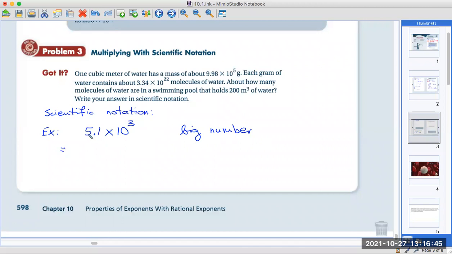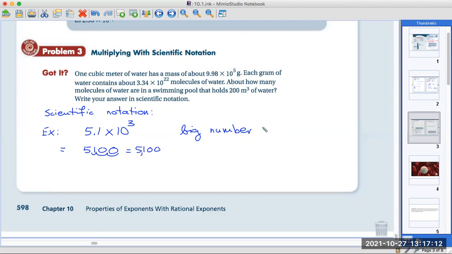I'll show you. So the 5.1 times 10 to the power of 3, the 3 tells you how much to move your decimal to the right. So you have 5, 1, and then 2 zeros. You're moving your decimal 1, 2, 3 to the right. So 5.1 times 10 to the power of 3 is the same as 5,100. Put a comma, it's easier to read.